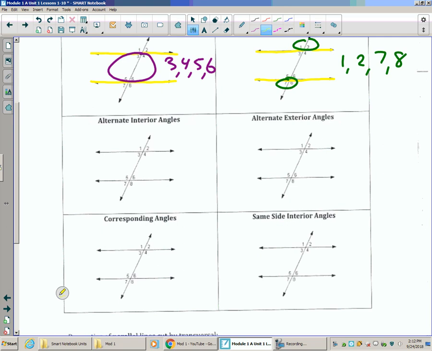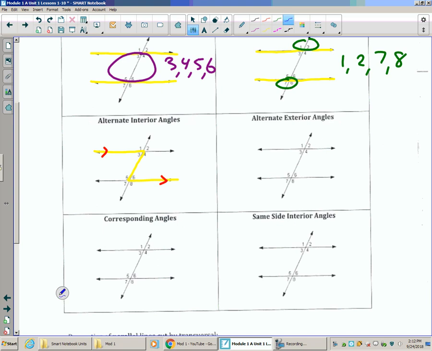The first one is alternate interior angles. And what I'm going to draw on the board here is going to look like a little letter Z. In that picture, if we know that these two lines are parallel, because if they are not, we do not have any of these angles showing up.